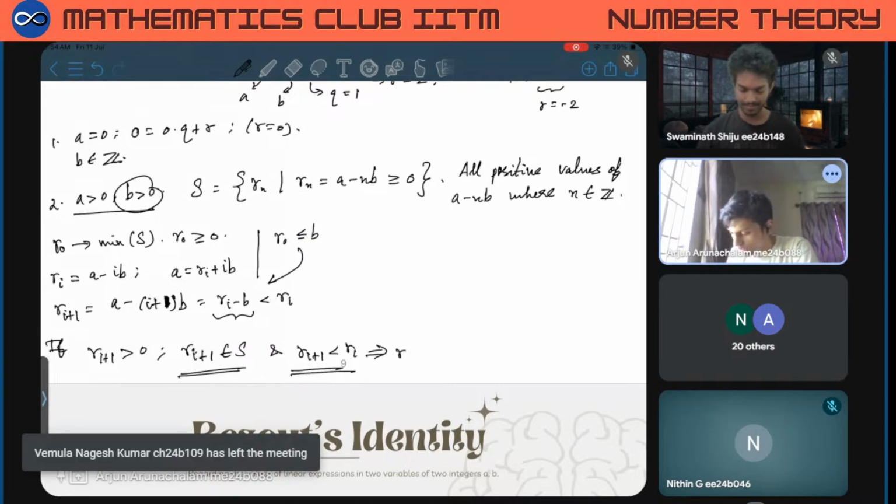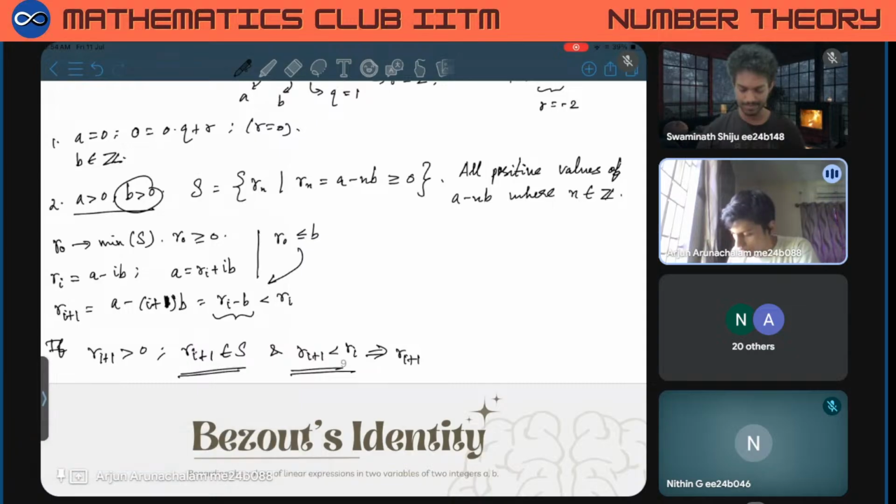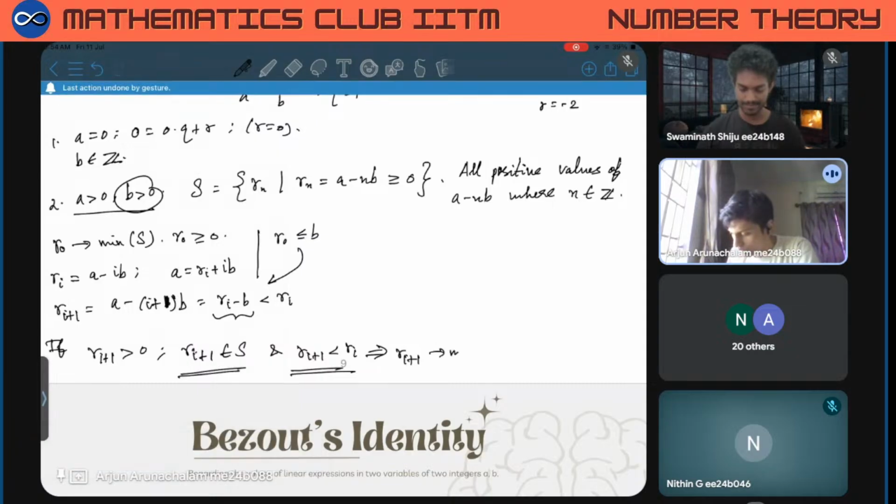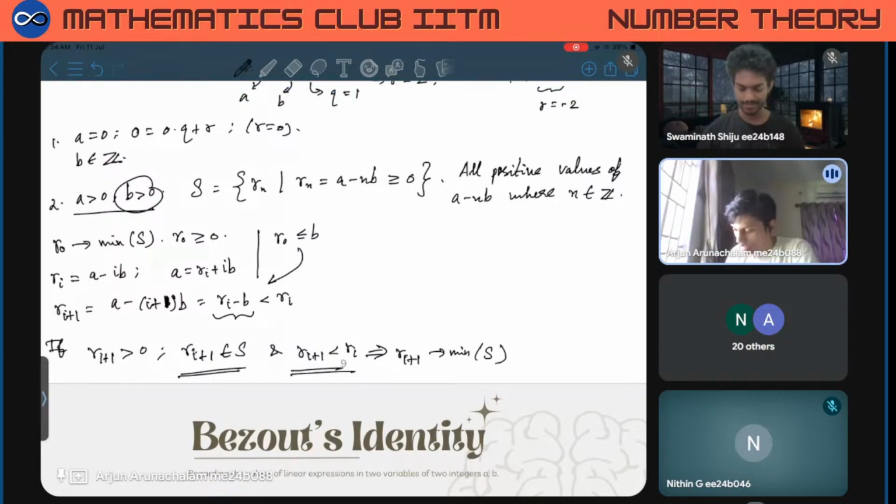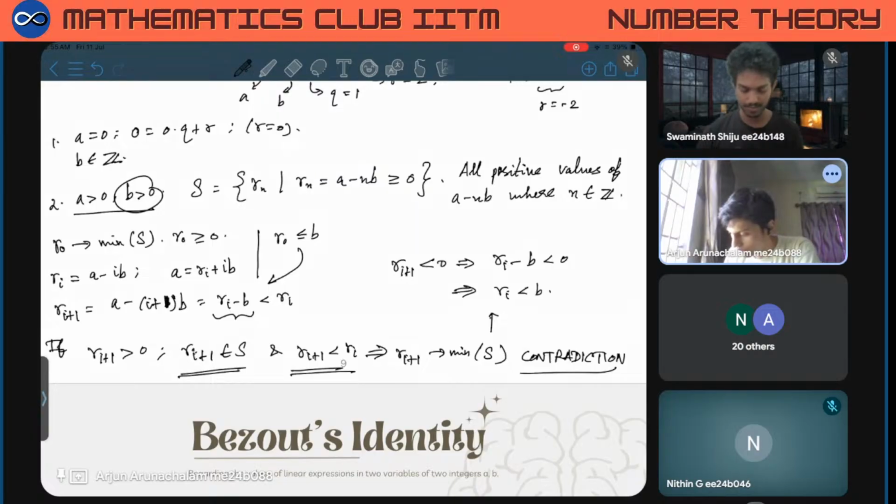This implies Ri plus 1 is the minimum of S, which is clearly a contradiction. So we get that Ri plus 1 is less than 0, which implies Ri minus b is less than 0, which implies Ri is less than b.